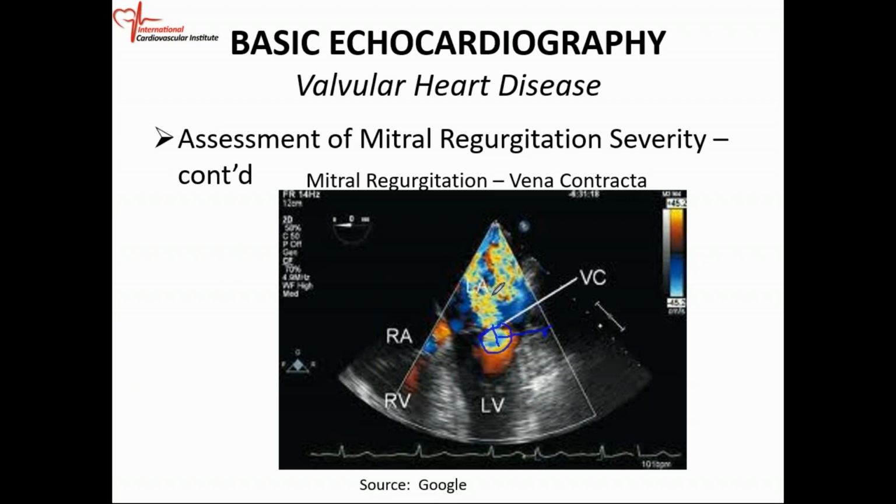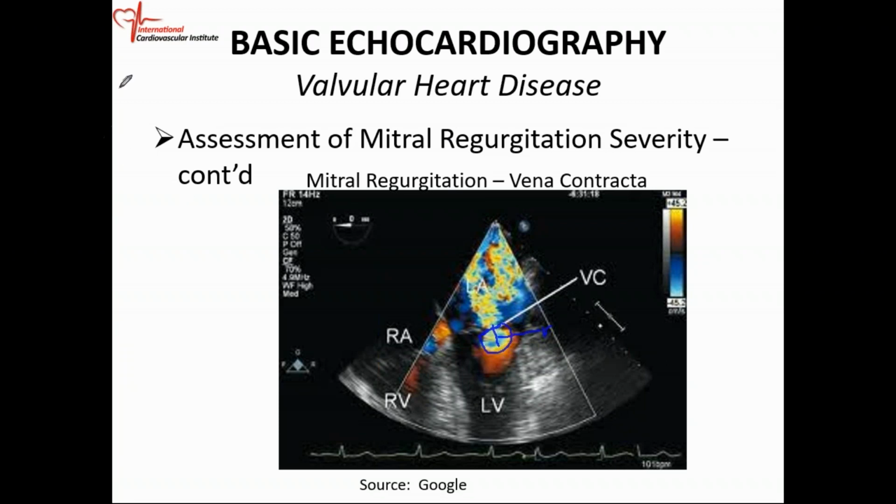If you remember your conservation of mass, using the continuity equation, the regurgitant flow, all of this, is the same as the flow at PISA. So the flow of blood going backwards into the left atrium is equal to the flow at PISA, same flow, because of the conservation of mass.